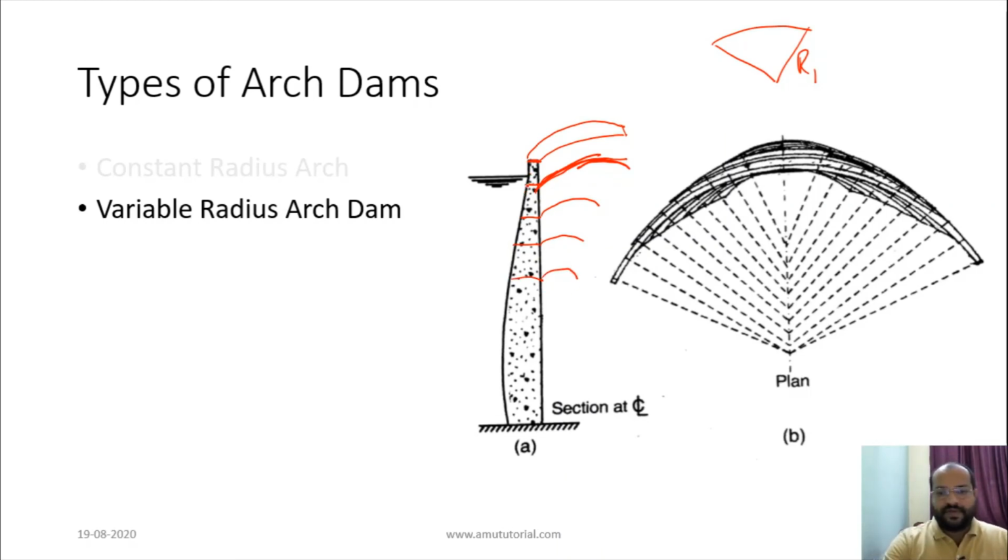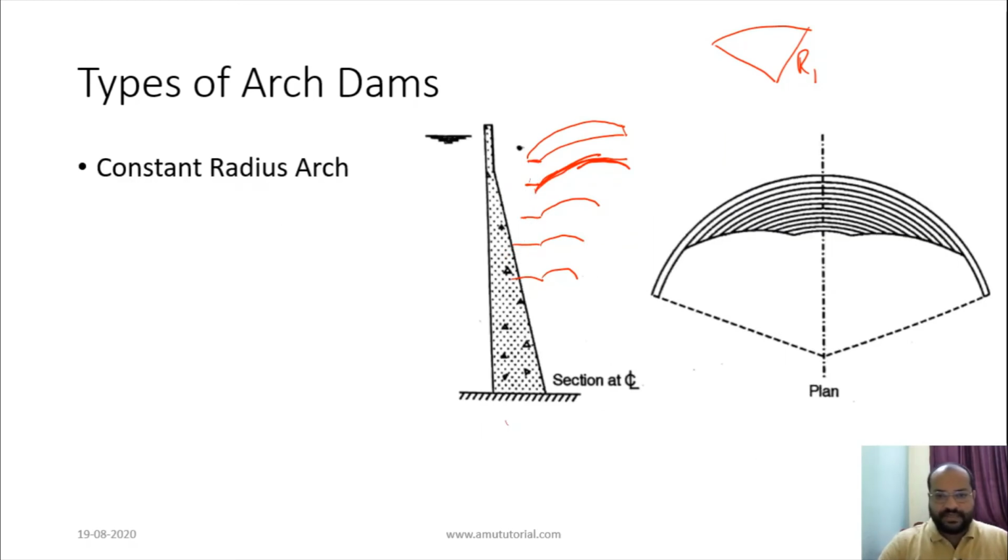The upstream face of the dam will be like this, will not be straight as in the previous example. You can very well see in constant radius arch dam, since the radii are same, the upstream face is vertical, and since the central angle is changing, the thickness is more near the bottom and less near the top.